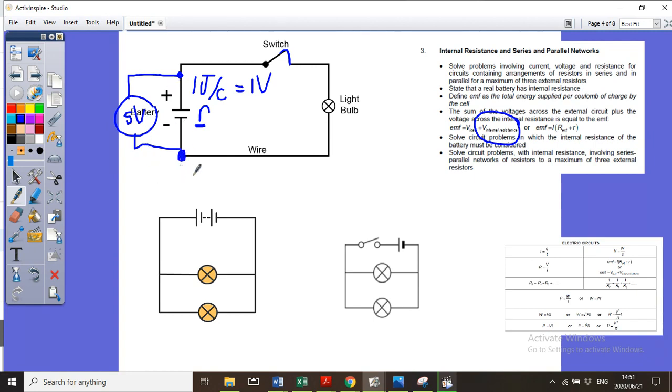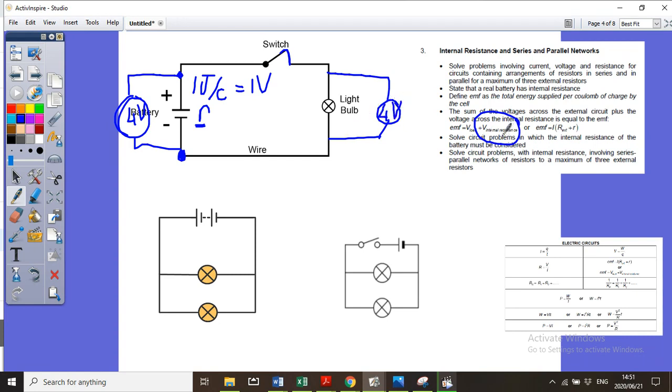So it's not going to be 5 anymore. If I now connect a voltmeter here, this voltmeter as well as this voltmeter will not read 5 anymore. It will now, I hope you have been thinking this, read 4 volts. And this will now also be 4 volts.